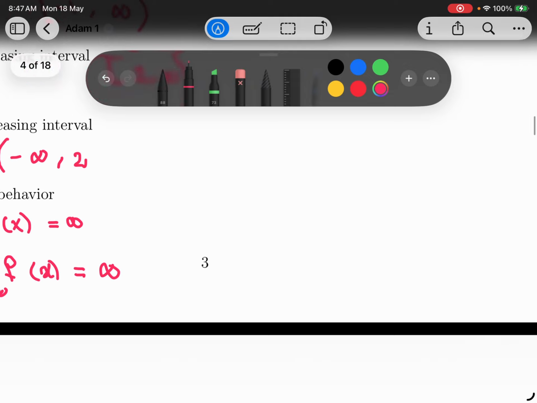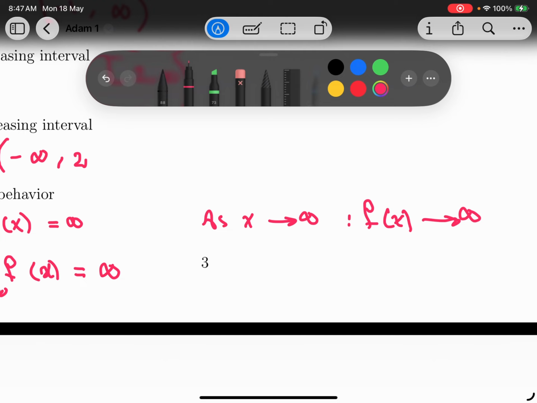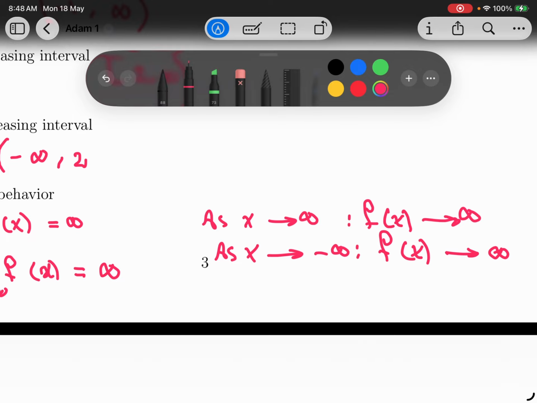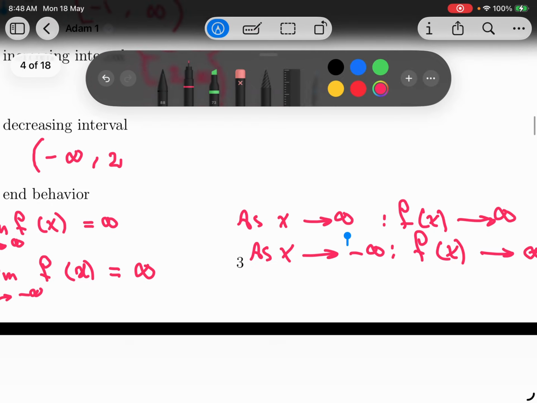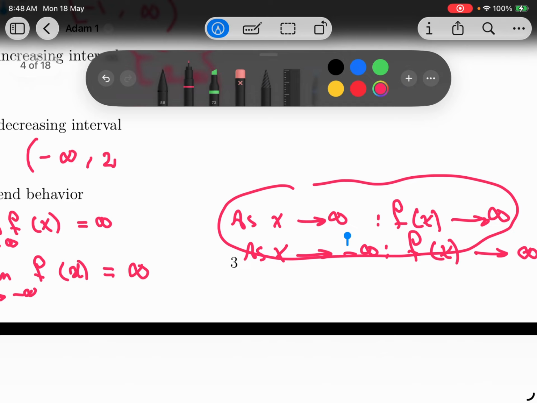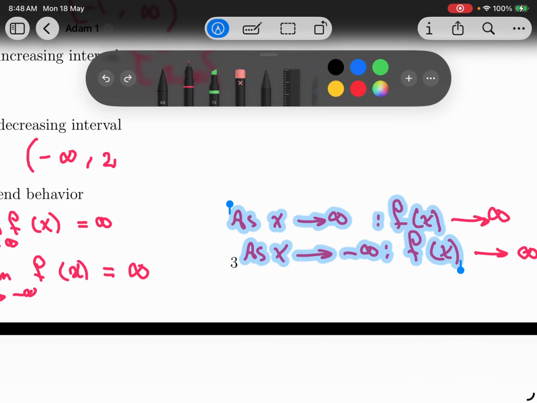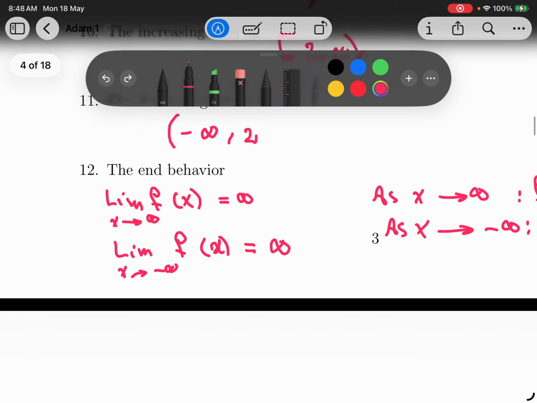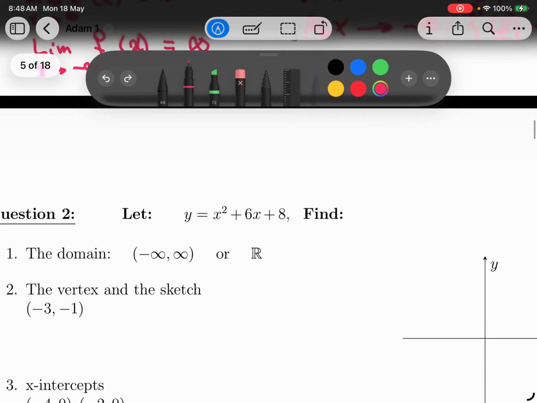Or you can write it like that: as x goes to infinity, then f of x goes to infinity, and as x goes to minus infinity, then f of x goes to infinity as well. So whether using limit or this long form, both are fine. Okay, what next? Next I will move straight on to one more practice.